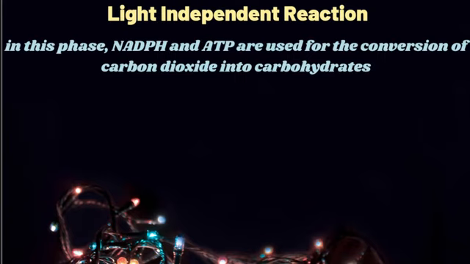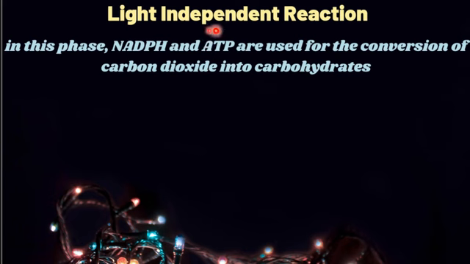In this phase, NADPH and ATP are used for the conversion of carbon dioxide into carbohydrates. In the previous phase, which is the light-dependent reaction, light energy is the requirement. That is why it is called light-dependent, because it depends on light for the process to take place.